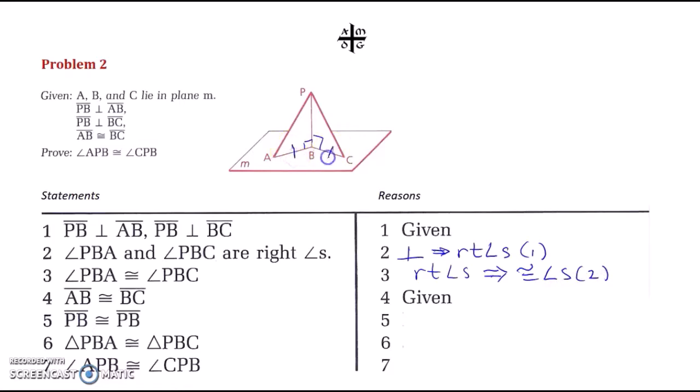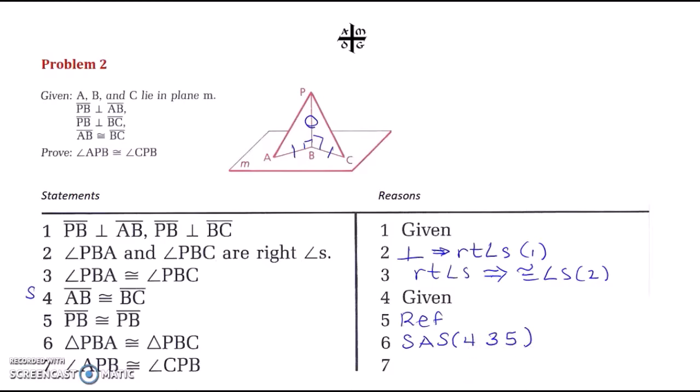AB is given as congruent to BC, and then PB is congruent to itself by the reflexive property. Therefore, the triangles are congruent by side angle side, lines 4, 3, and 5.